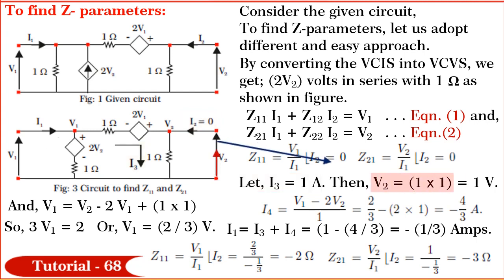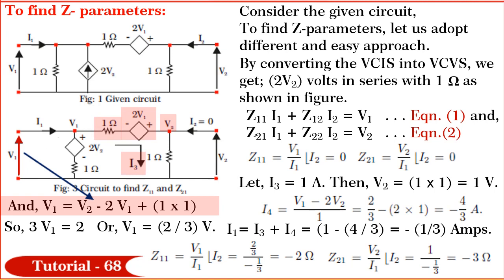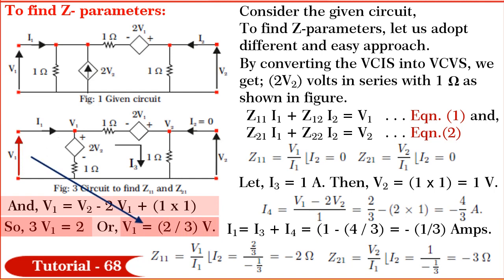Then V2 is equal to 1 into 1, equal to 1 volt, and V1 is equal to V2 minus 2V1 plus 1 into 1. So 3V1 is equal to V2 plus 1 and that is equal to 2. Hence V1 is equal to 2 divided by 3 volts.